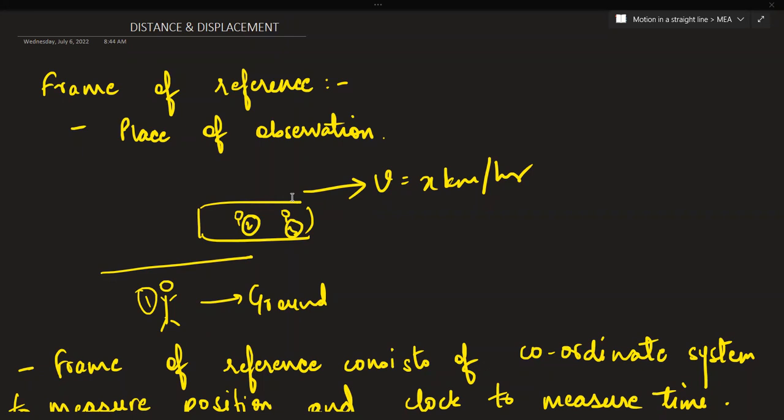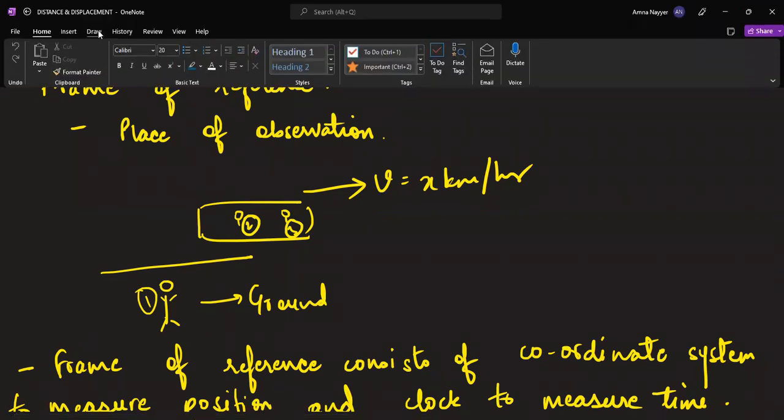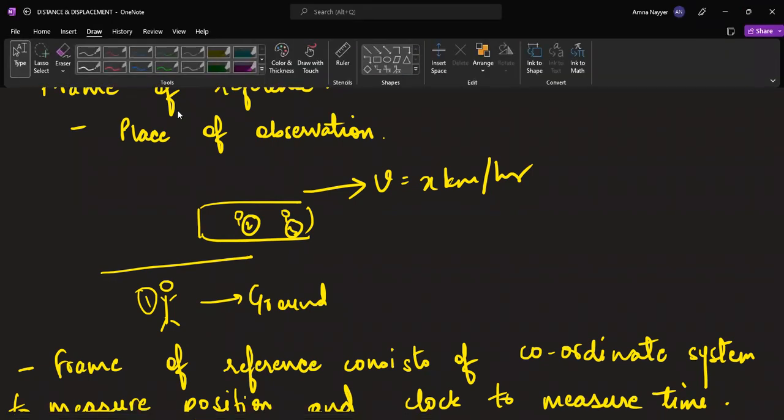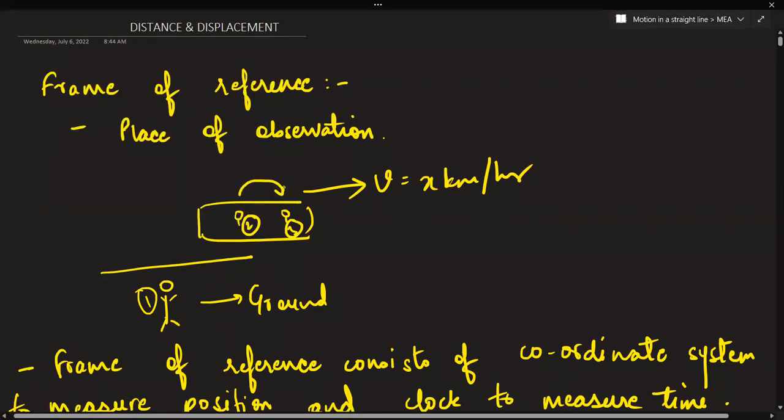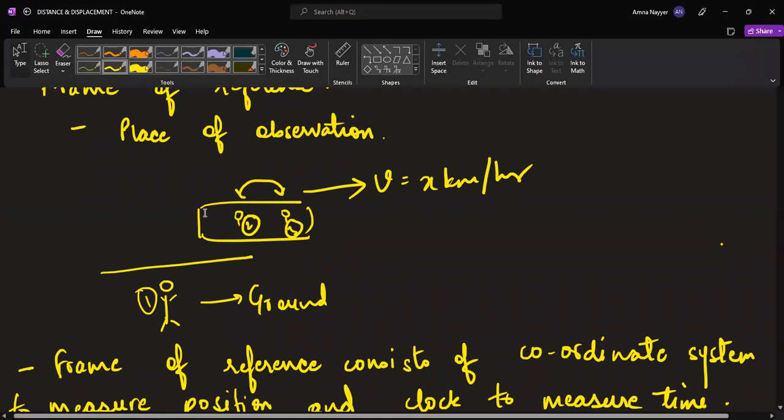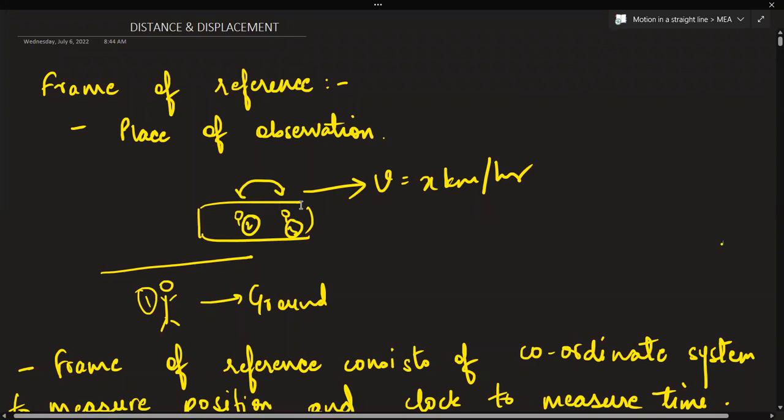Now, if the train is moving towards the right side with x kilometer per hour, for the two persons in the train, it will appear that both of them are at rest with each other, right?